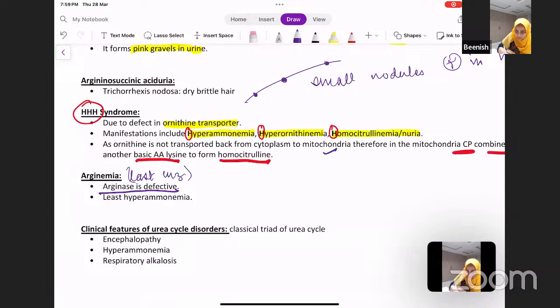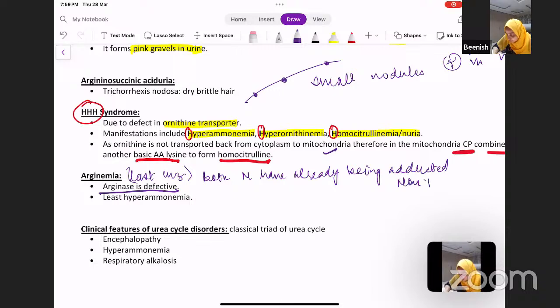So by the time arginine accumulates, both the nitrogens have already been abducted, that is, they are in the non-toxic form, which can be excreted in urine. So this is what is contributing to least hyperammonemia.